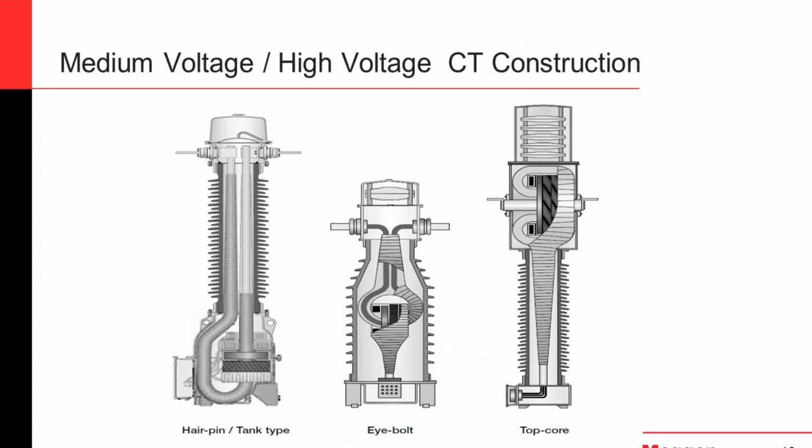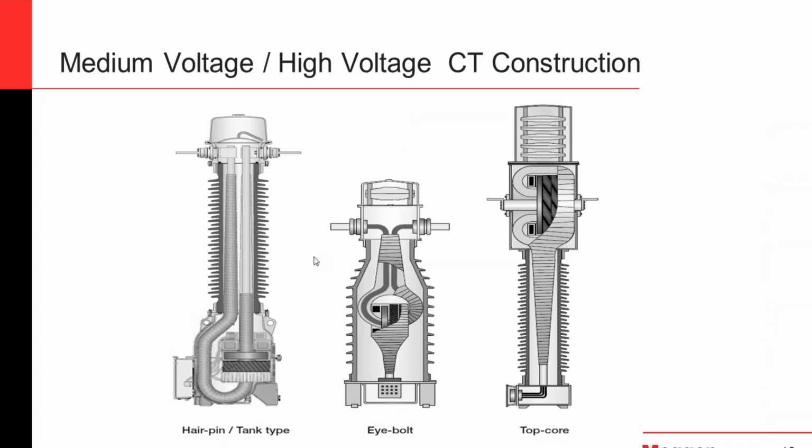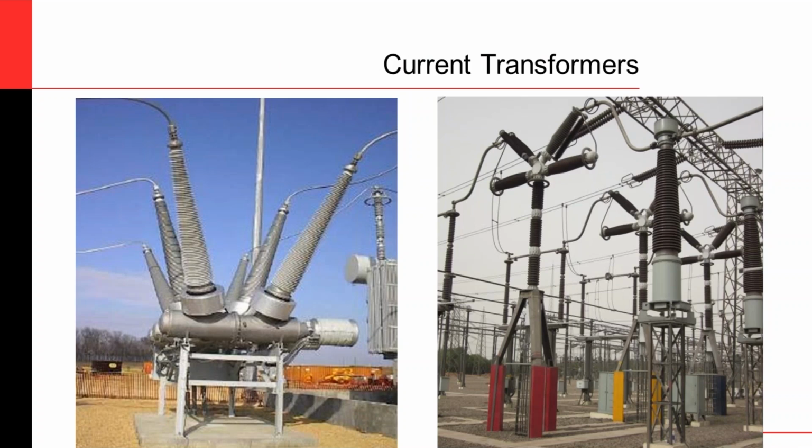The other one is the CT with one primary coil, and the other one is a hairpin type. So these are mostly used in the medium voltage and the high voltage CT construction. So you have the top core, the hairpin or the tank type, and the eye bolt type. So this is how you can picture the CT here.